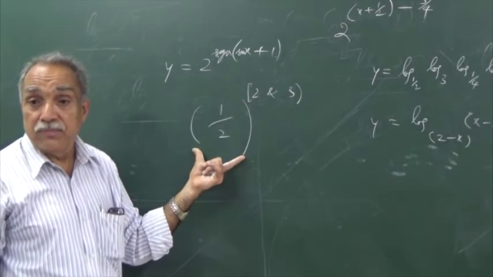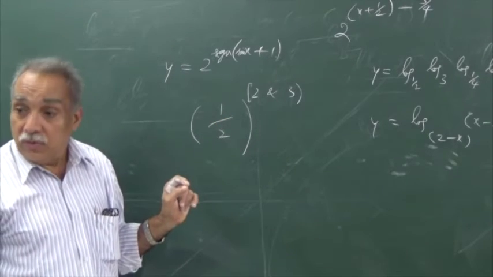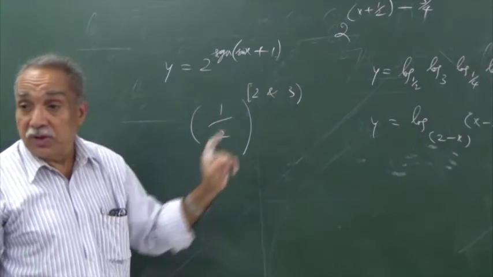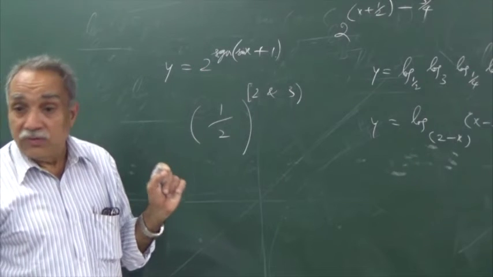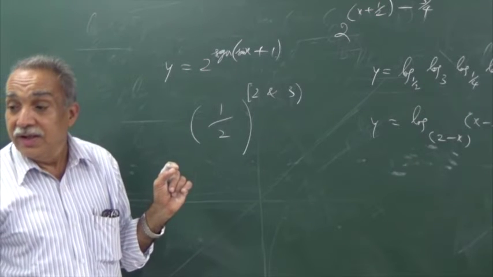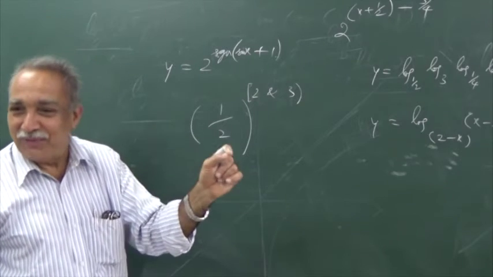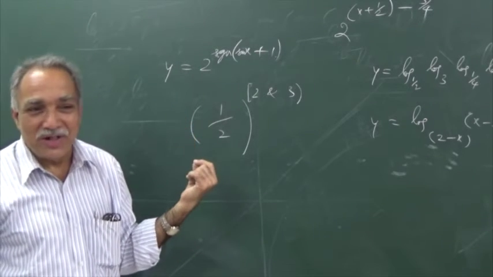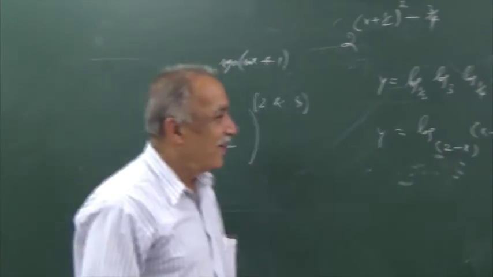So, range will be, what is half to the power 2? 1 by 4. What is half to the power 3? 1 by 8. Range will be interval with left hand point 1 by 8 to 1 by 4. 1 by 8 not included, 1 by 4 included. Okay.